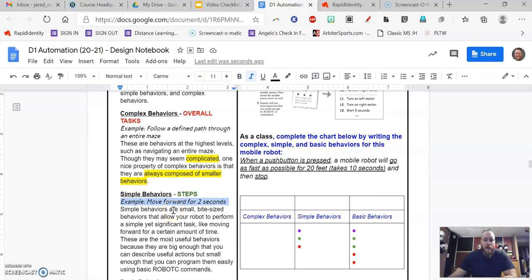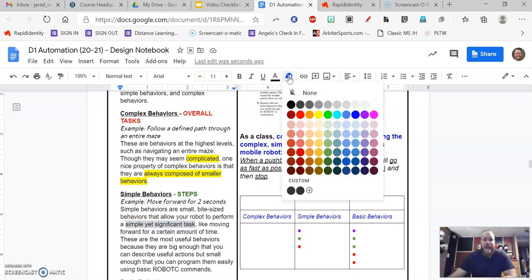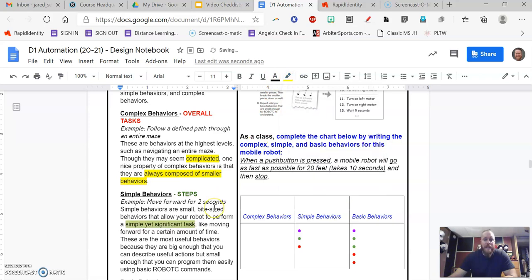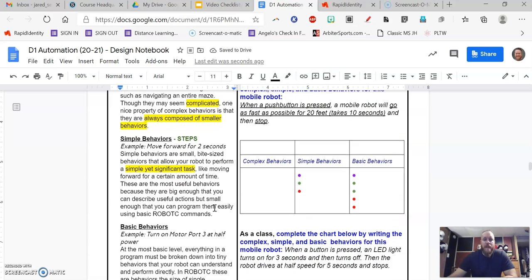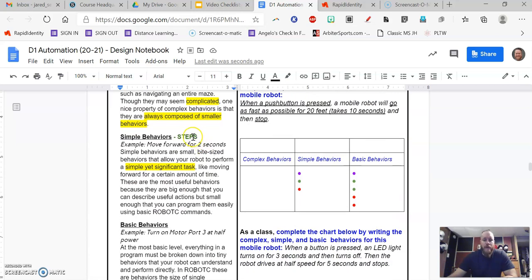Okay? Simple behaviors are simple yet significant tasks. So that's what we're going to highlight in that section. Okay? That's what a simple behavior is. Go ahead and pause the video, write down what a simple behavior is, and get that highlighting done.